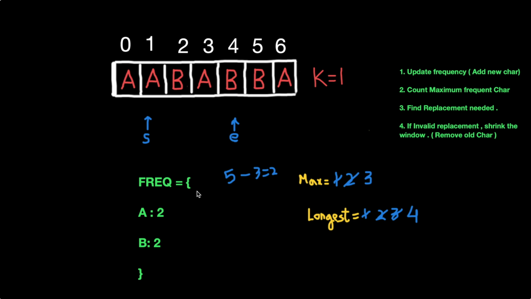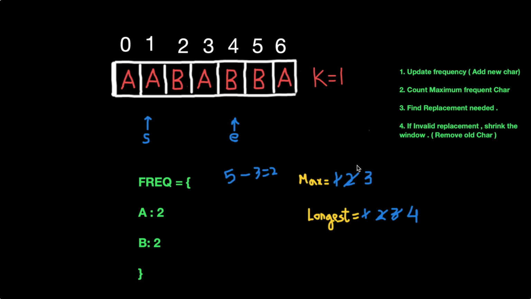Now, after I have decreased the frequency of A from 3 to 2, you might question whether we should also update our maximum frequent character, because earlier it was 3, and now it has been reduced to 2. To maintain correctness, you can obviously do it by iterating through the frequency and checking which is the maximum now, but that will cost you O of 26, because you can have all the alphabet from A to Z. You can do that, but even if you don't, it will not affect our correctness.